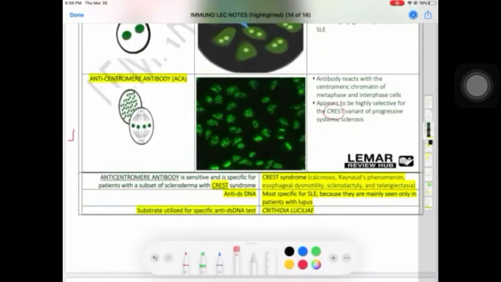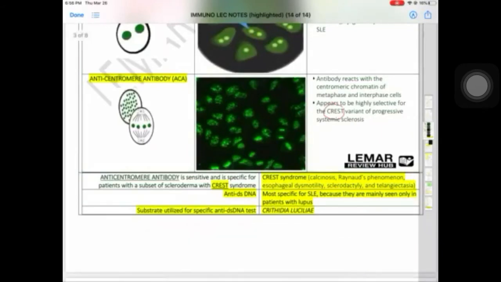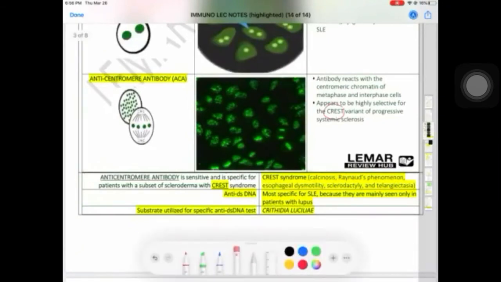Huwag pong kakalimutan. Ulit, anti-centromere antibody in CREST syndrome, calcinosis, Raynaud's phenomenon, esophageal motility abnormality, sclerodactyly, telangiectasia. What is the most specific antibody for SLE? Anti-double-stranded DNA.